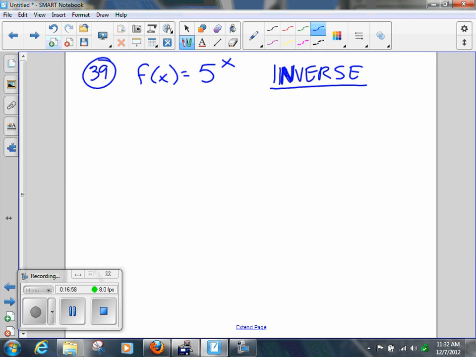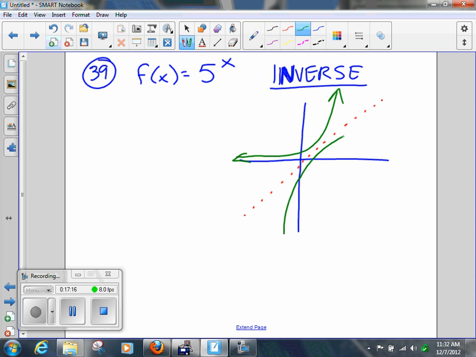The parent graph. So if my parent graph is going like this, and I have an original function that looks like this, then the inverse better go something like this. It better be a reflection about the parent line. I know that inverses will be reflected about the parent graph.